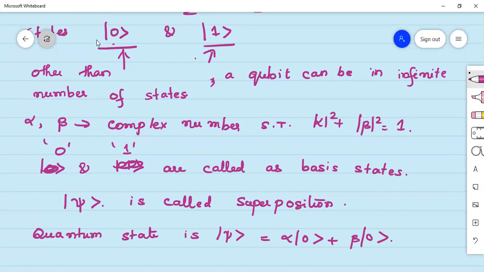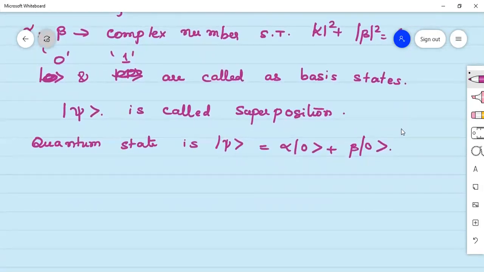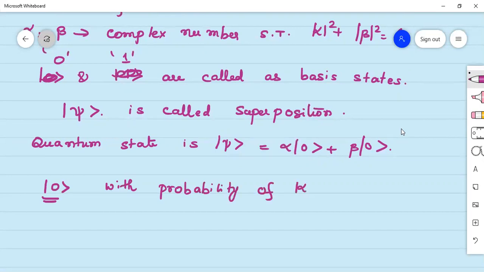See, in the classical sense, we can observe that it is 0 or 1. That's why it is called a basis state. Okay, I am repeating, in the classical case, we can observe it as 0 and 1. But we cannot determine the quantum state just by observation. When you measure the qubit, you can get state 0 with the probability of alpha square.